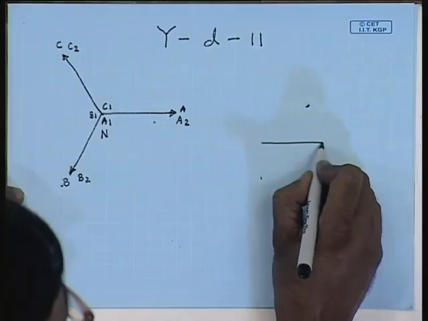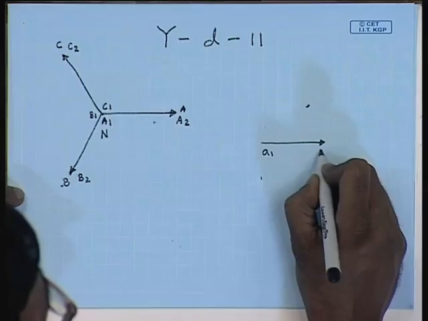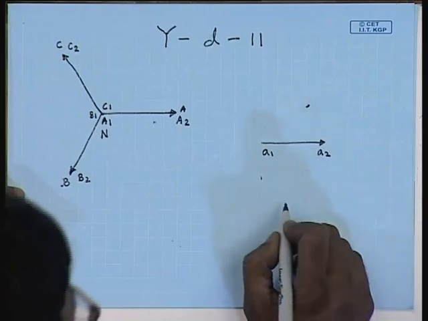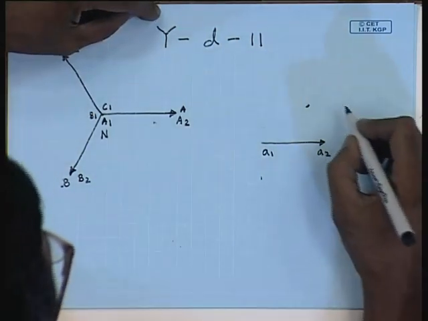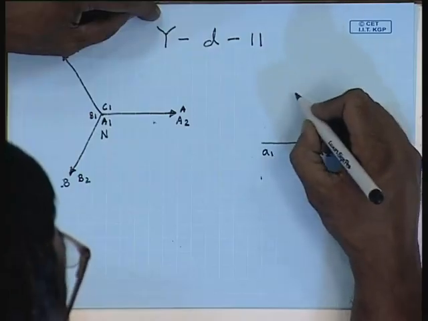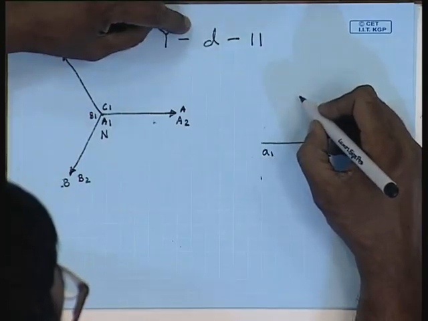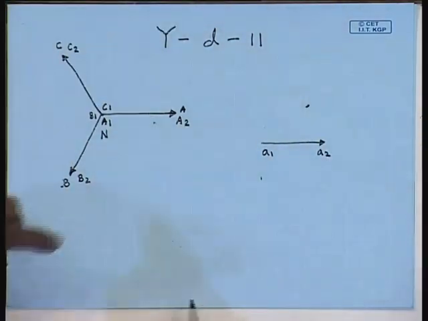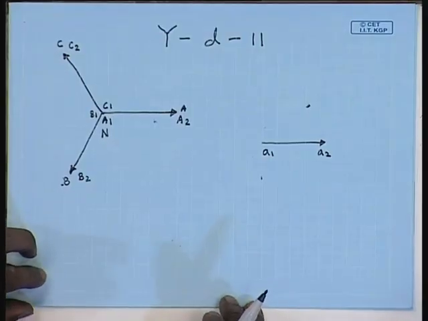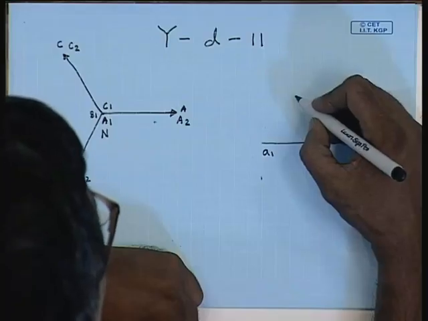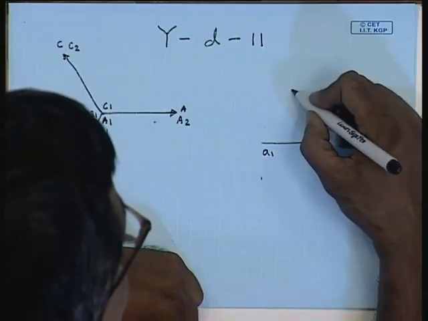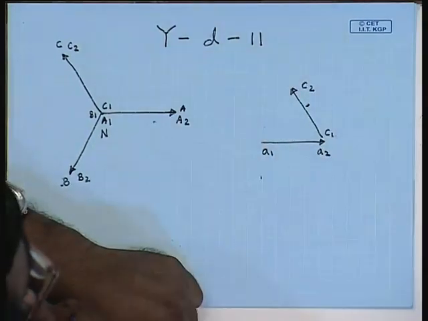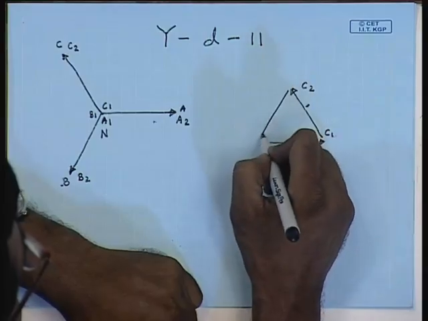So, this will be A1, A2, this will be C1, C2, and this will be B1, B2.